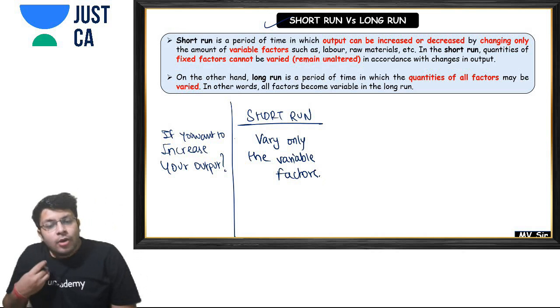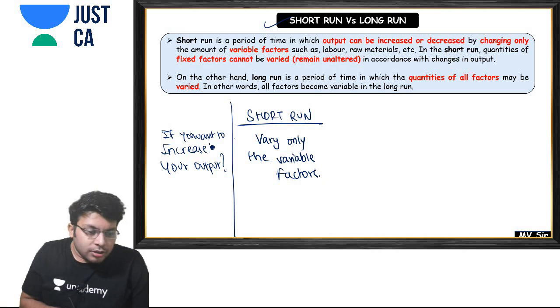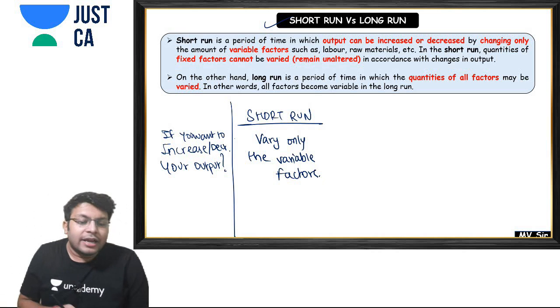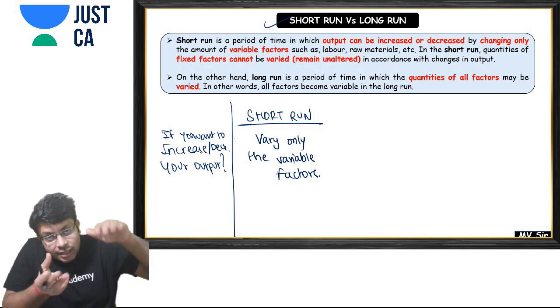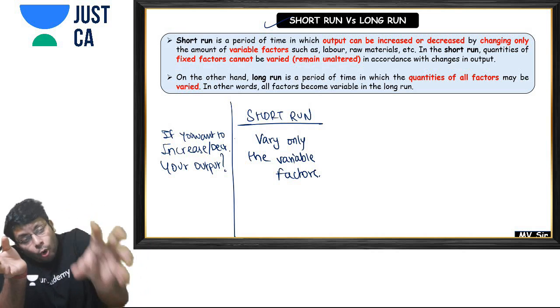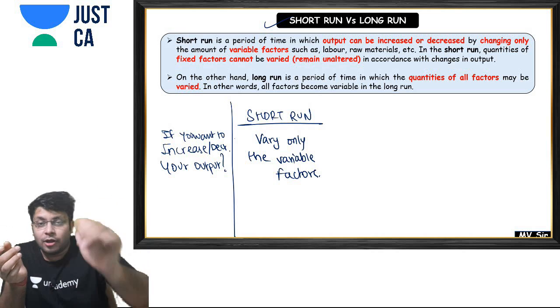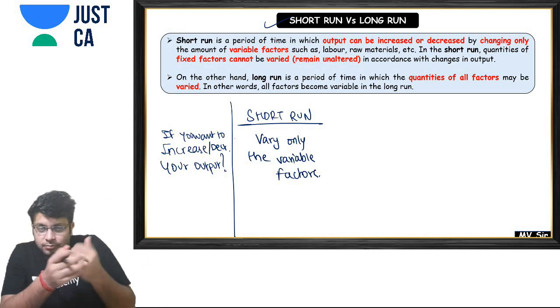In order to increase or decrease your output, in the short run you can vary only your variable factors, you cannot vary your fixed factors, right? Because it is the short run.